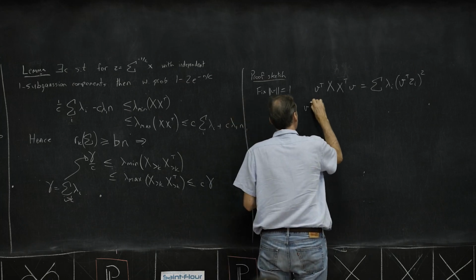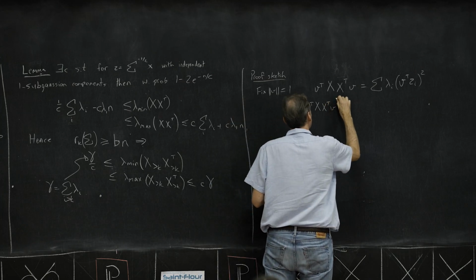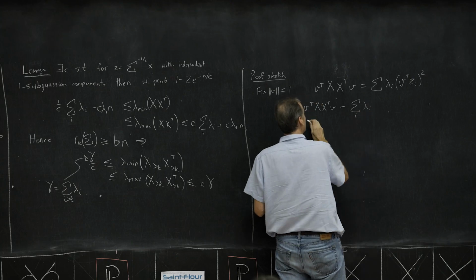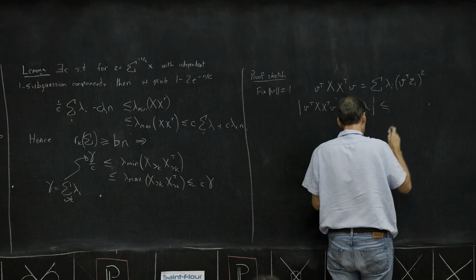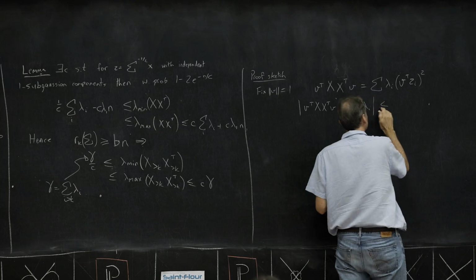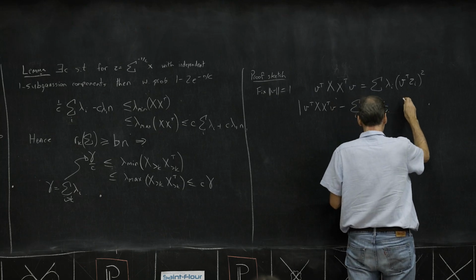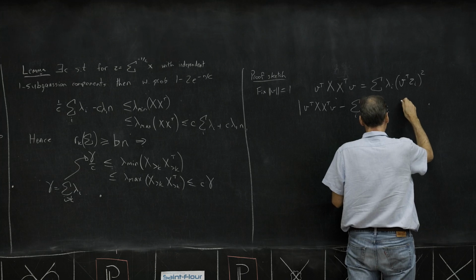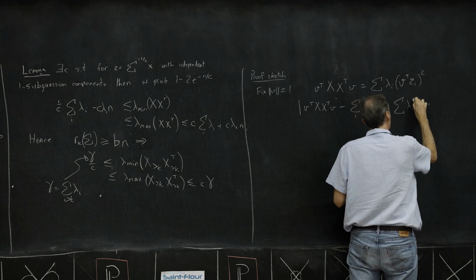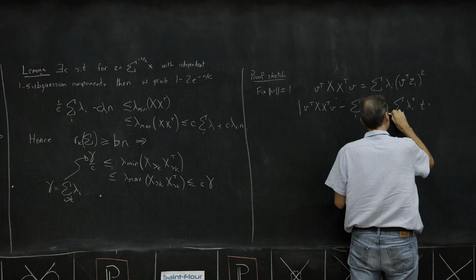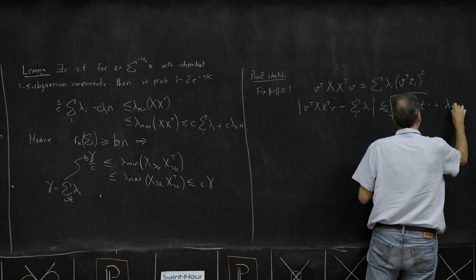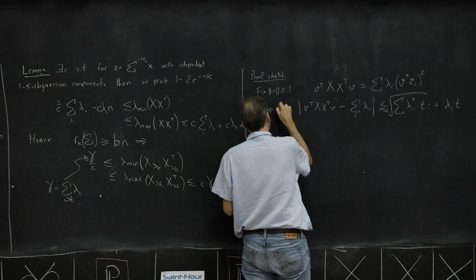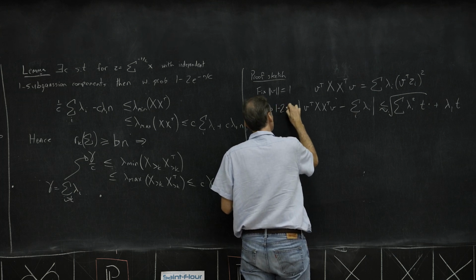So that thing, v transpose X X transpose v minus its expectation, is no more than, let's say, constants times the square root of the sum of the lambda i squareds times t, plus lambda 1 times t, and this is true with probability 1 minus 2 e to the minus t.